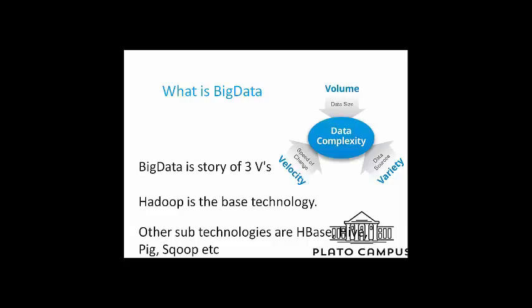Big data is a combination of Hadoop plus its sub-technologies. That means either you can say that you are working on Hadoop, HBase, Hive, Pig, Sqoop, or you can simply say I am working on big data technologies. So big data is nothing but a combination of Hadoop plus its sub-technologies.